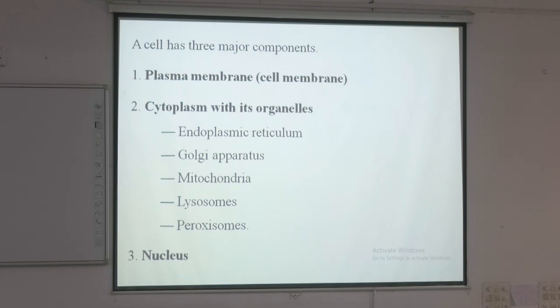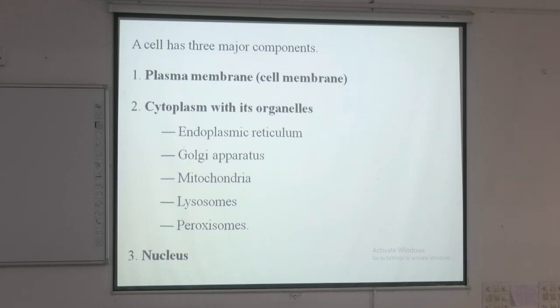Firstly, students, understand that in the cell there is a lipid bilayer. Lipid bilayer means just like two columns. You are sitting like column 1 and column 2, and in between is the protein layer, and the outer side is the lipid layer.